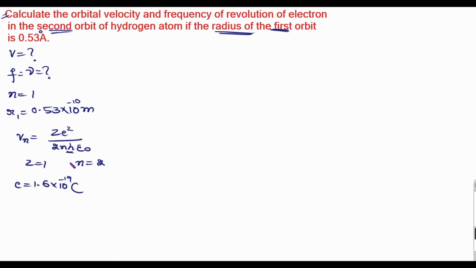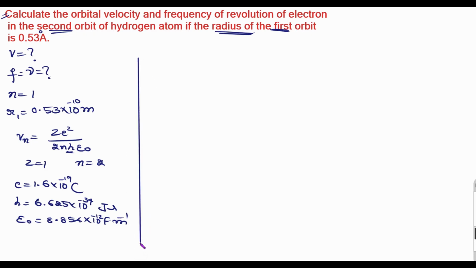Then the value of h, which is the universal Planck's constant, is 6.625 into 10 to the power of minus 34 joule second, and the value of epsilon naught is 8.854 into 10 to the power of minus 12 farad per meter. So these are the values. Whether they are given or not, you need to remember these values.